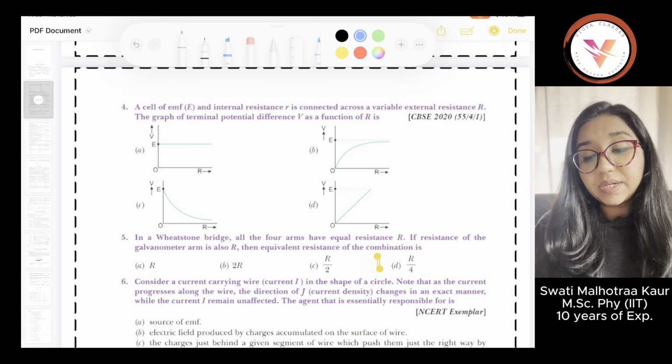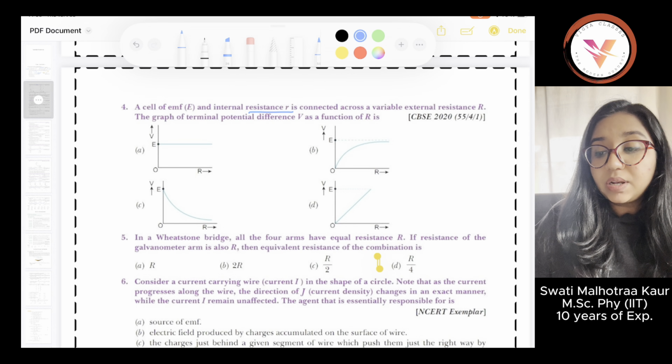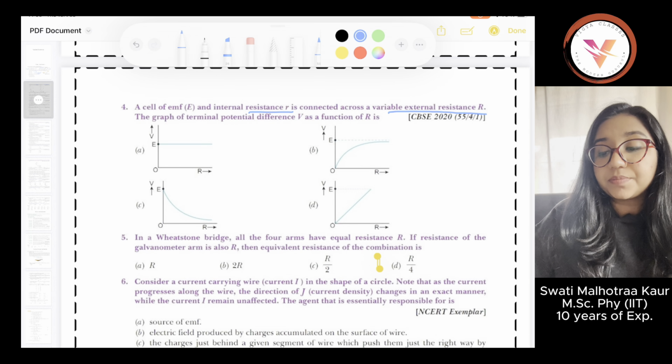Okay, so in the next question, a cell of EMF E and internal resistance r is connected across a variable external resistance R. What is the graph between V and R?